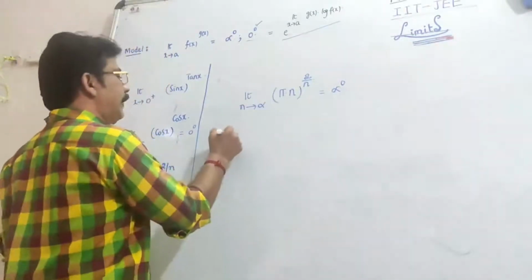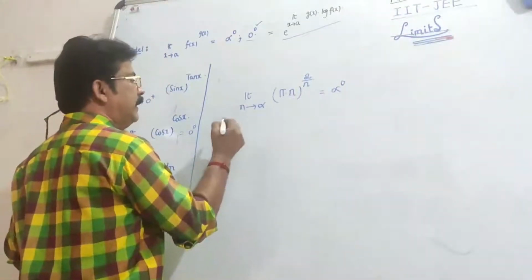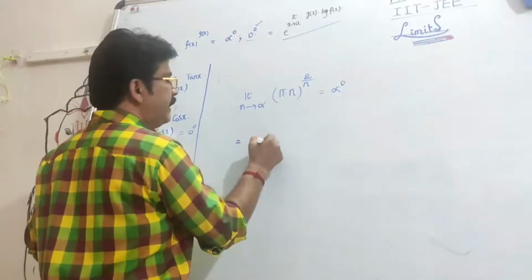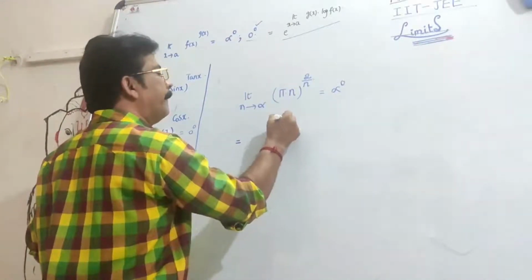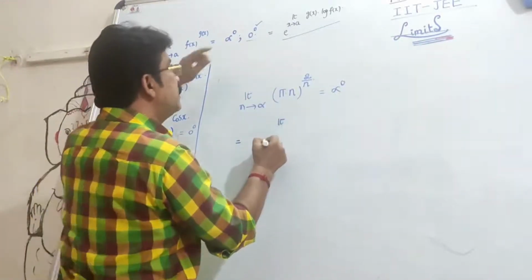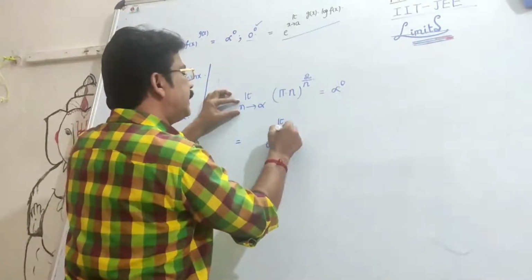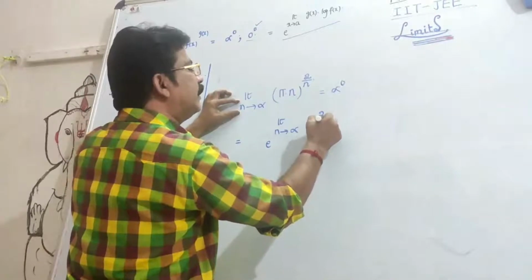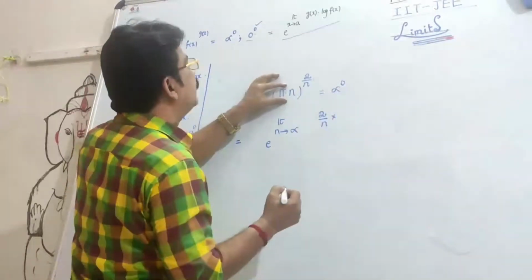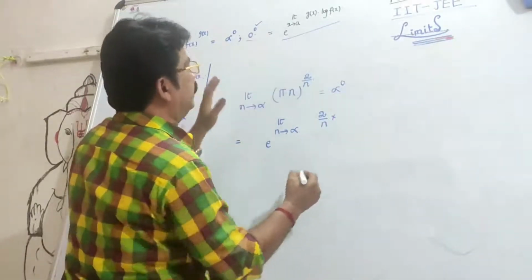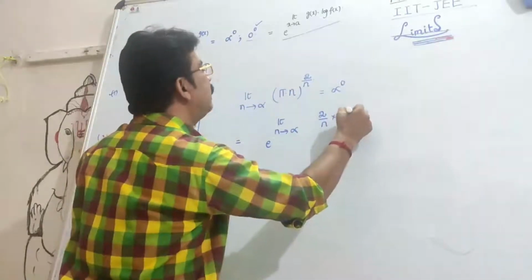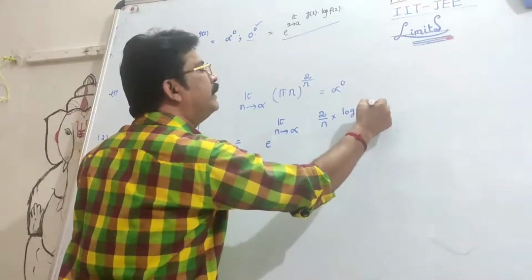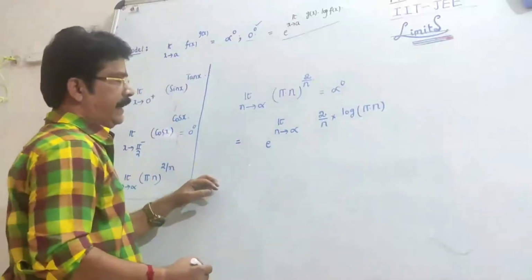So therefore the given limit value is e power limit n tends to infinity, g of x, where this one is f of x and this one is g of x, into logarithm of pi into n, like that.